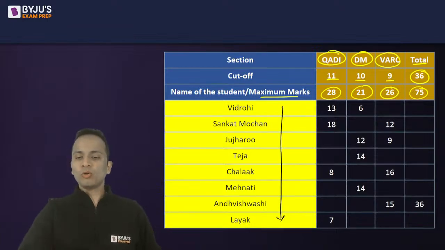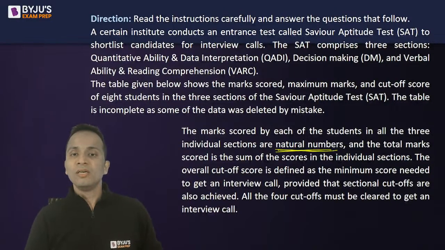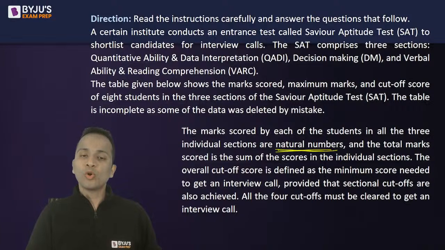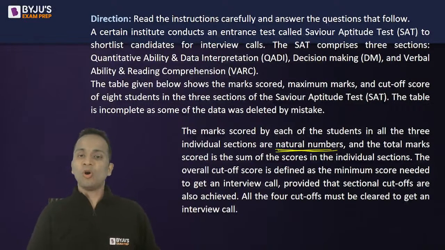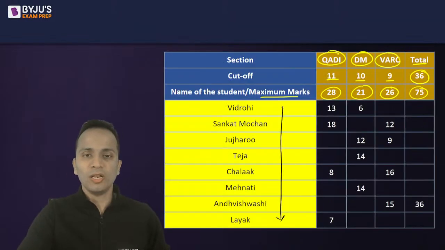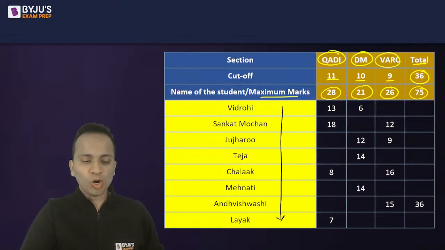It is important to note that to get an interview call, the overall cutoff should be cleared, as well as the sectional cutoffs. All the four cutoffs must be cleared to get an interview call. Now this is the data, and let's move on to the questions one by one.